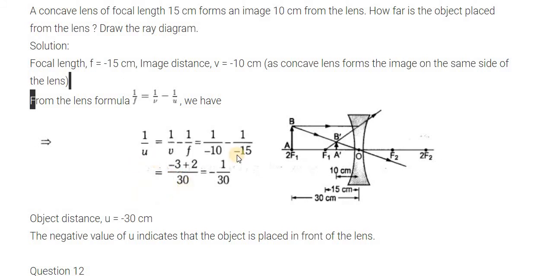So 1 by u is equal to 1 divided by 30, but it is in minus. So the object distance u is equal to minus 30. This minus 30 indicates that the object is placed in front of the lens.